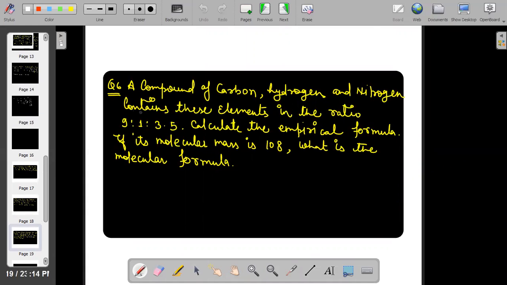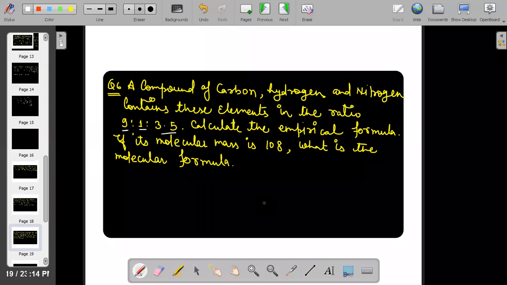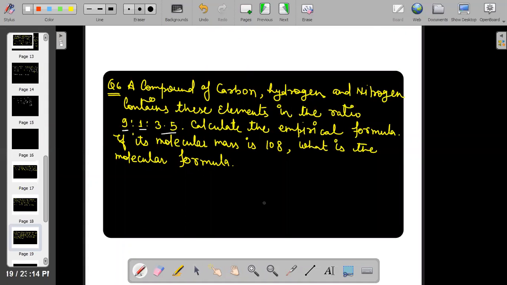Now try to solve. Suppose the percentages are 9, 1 and 3.5. Okay, now solve it. First of all, draw the table. Make it carefully. Do the same thing.